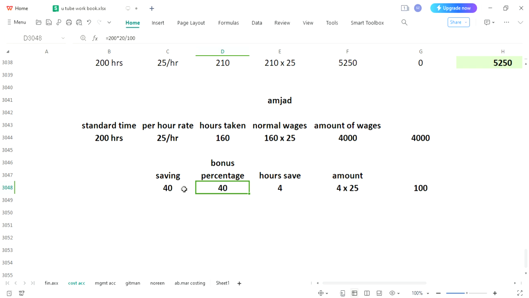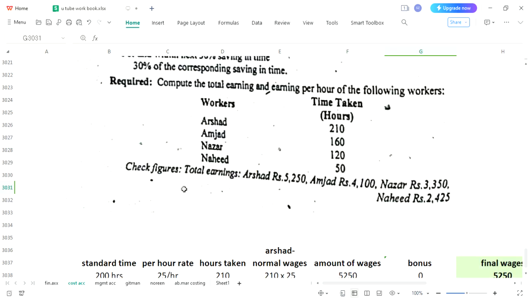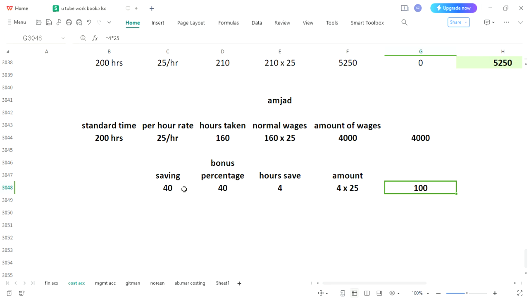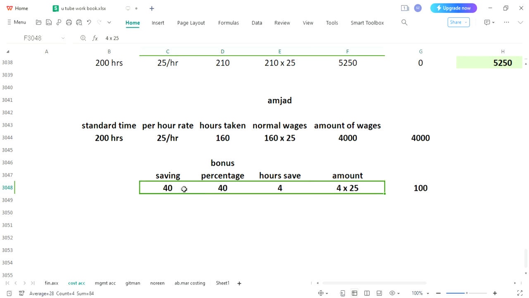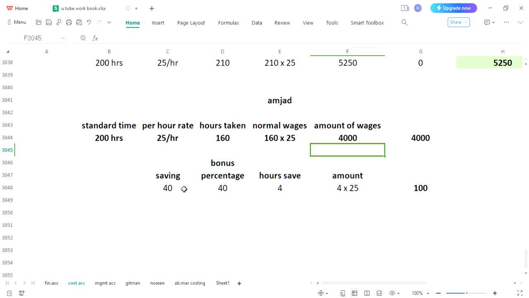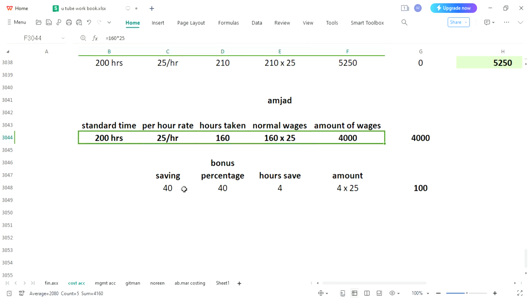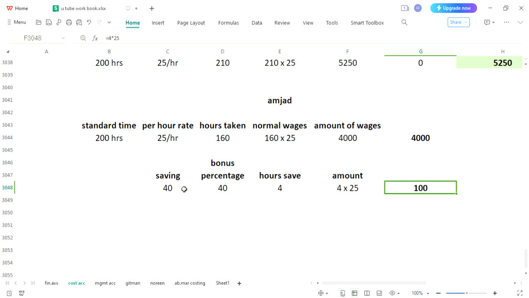First 20% is also 40. It means hours saved are exactly equal to hours of bonus as well. So this was the percentage applied according to the question. You have calculated the amount: 4 multiplied by per hour 25. So in this way you have calculated your amount of bonus as well. At the upper level, you have calculated your normal wages, and the lower portion is the amount of bonus.